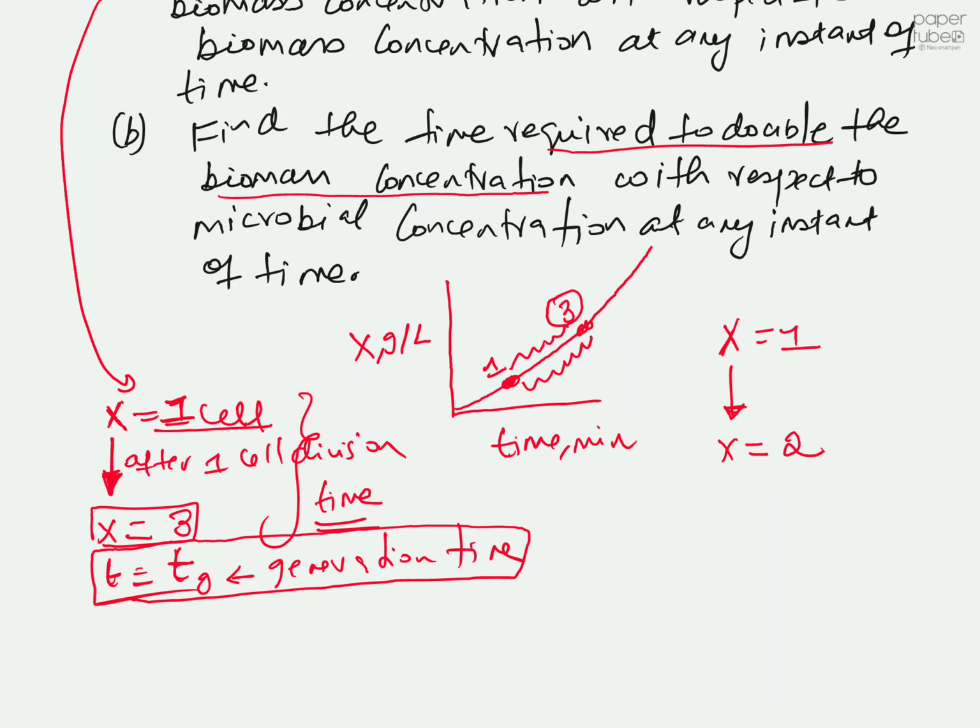In fact, we don't have these values, but we have the Monod kinetic constants that allow you to calculate what you need for this type of problem. So let's solve this problem.